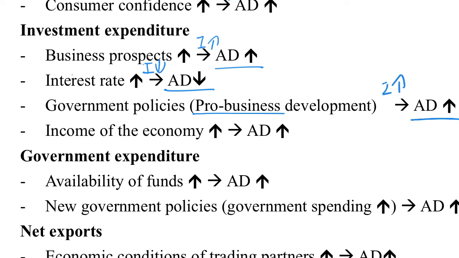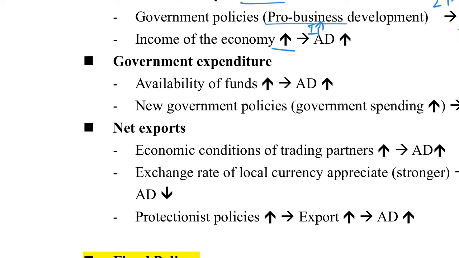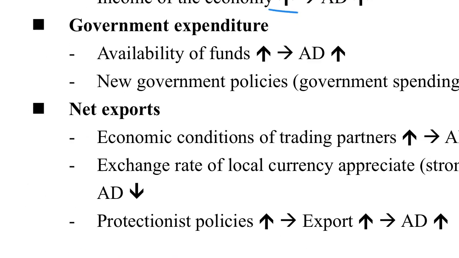So AD increases. Interest rate increases, that means their cost of borrowing money increases. They will try to borrow less, so AD decreases. If government policy is pro business development, that means they think there's an advantage in the future, so they will try to invest more. So AD increases. Income of the economy increases, so they have more money, so they will try to reinvest in their business more, so there will be an increase in investment.